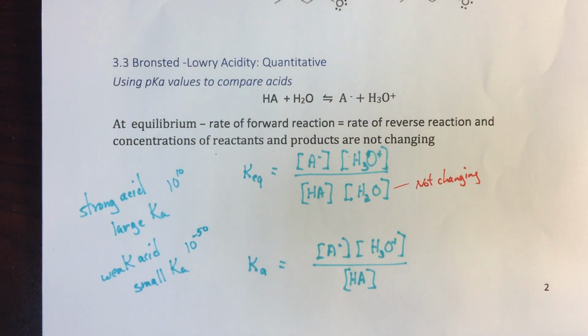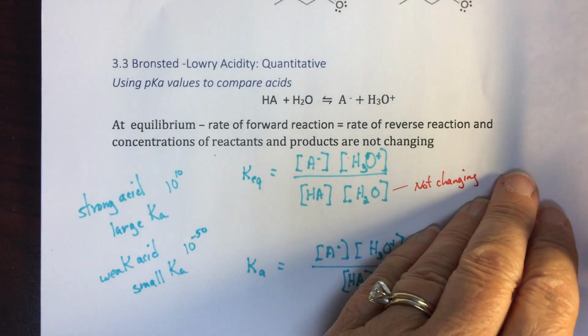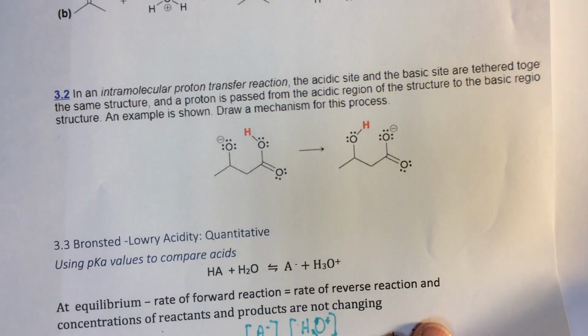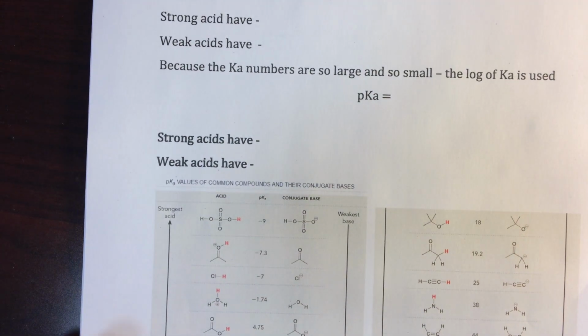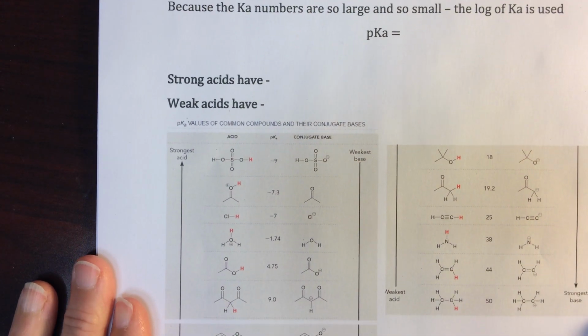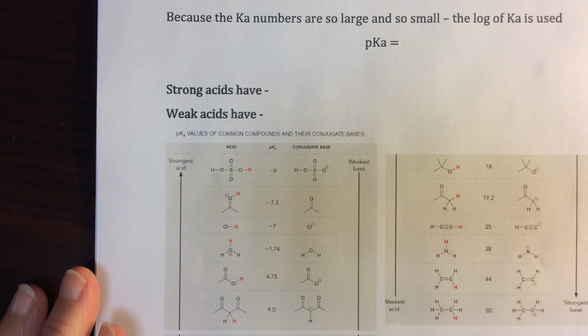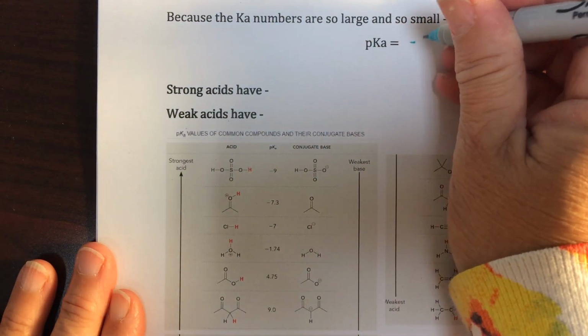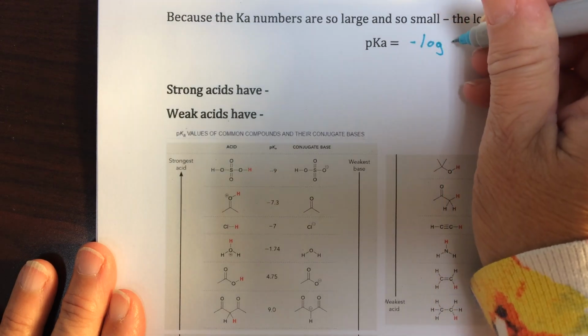And it makes it awkward to deal with numbers that big. And so we'll take the negative log and make a pKa. So the pKa is equal to the negative log of the Ka.